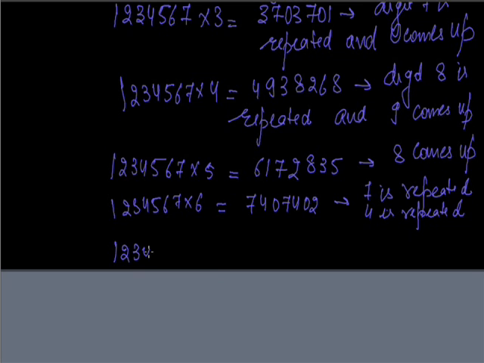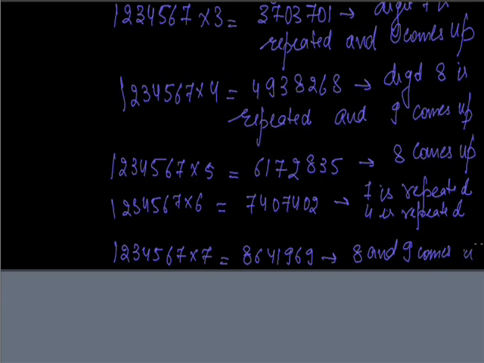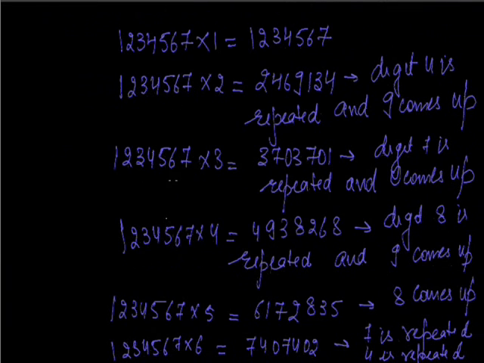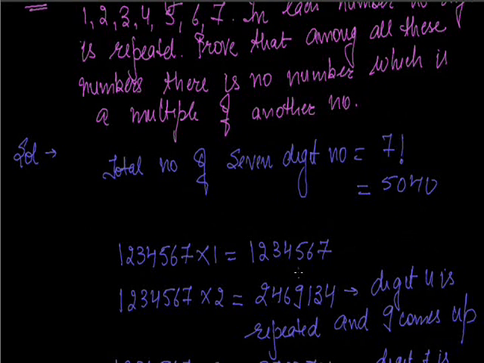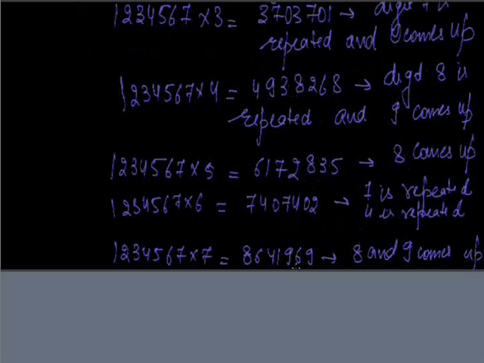Similarly, when we multiply this by the last digit, that is by 7, it will give 8641969. In this, digits 8 and 9 come up, which were not in the digits. So what we see in this example is that for every multiple, all are not valid, so it is proved that among all the numbers there is no number which is a multiple of another number.